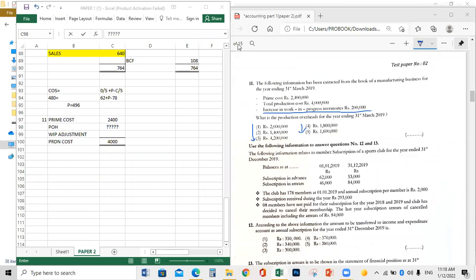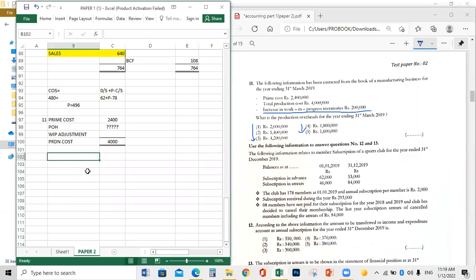Yes, very good. Compared to the opening stock of work in progress, your closing stock of work in progress has increased by 200,000.